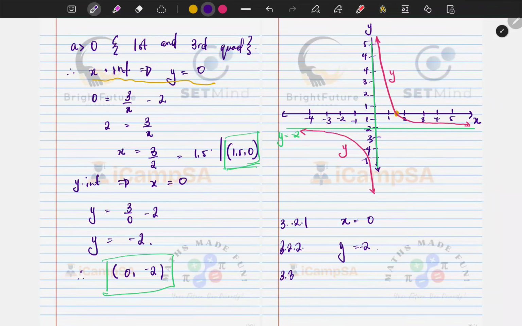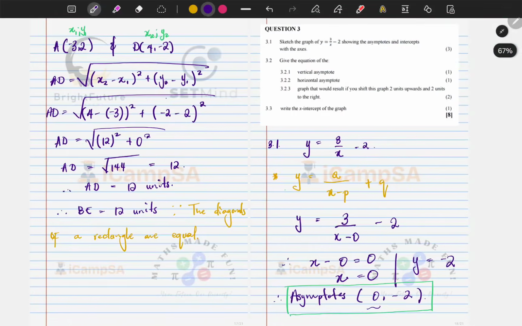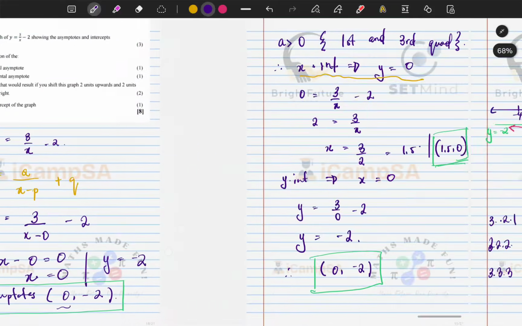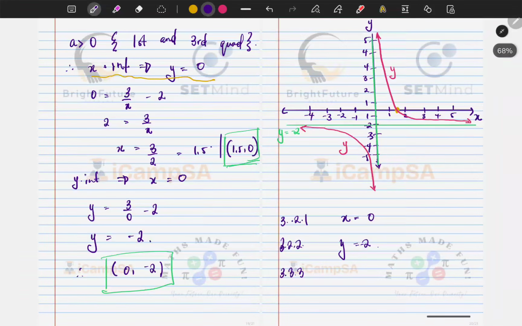Right, and then 3.3.3, the graph that would result if we shift this graph 2 units up. Remember, this is how the graph is always represented: 3 over x, -2.